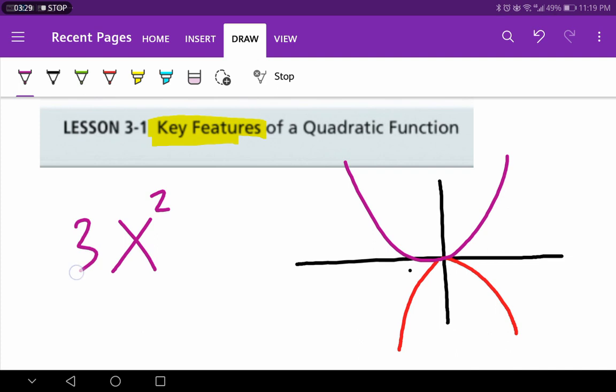Now our mission is to know what happens if this x squared has, for example, 3. What will happen for the parent here? It is positive, so it is upward, and because the number is more than 1, it will be narrow, like this.